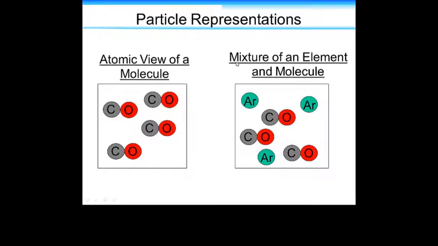And then here we have a mixture of an element, perhaps argon gas, and a molecule, carbon monoxide. So at times we may look at these particle representations to get a better feel for what is going on in the world around us, conceptually, at the particle or atomic level.